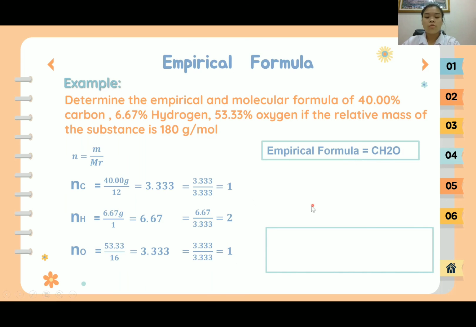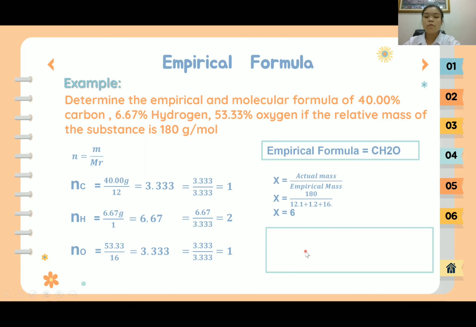For the molecular formula, X is actual mass divided by empirical mass, where the actual mass is 180 and the empirical mass is 12 times 1. 12 is the atomic mass of carbon, 1 because there's only 1 carbon in here, plus 1, which is the hydrogen atomic mass, times 2 because there are 2 hydrogen, plus 16 because there's only one oxygen in here, which is the X is equal to 6.